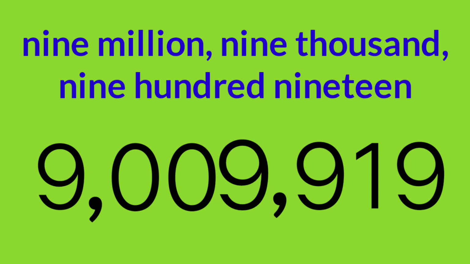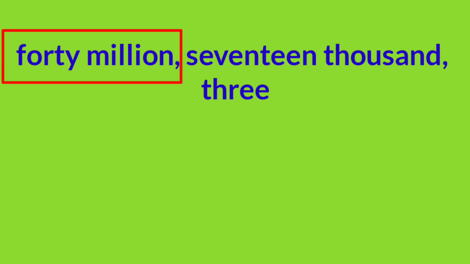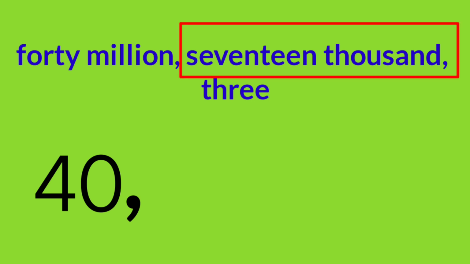Next, let's have 40,017,003. So let's do it from left to right. 40 million, 40, then don't forget to write the comma. Then we have 17,000.